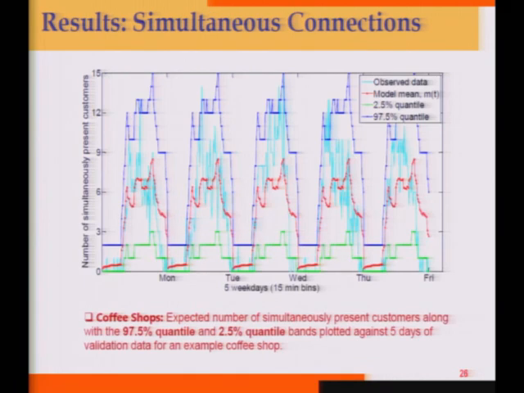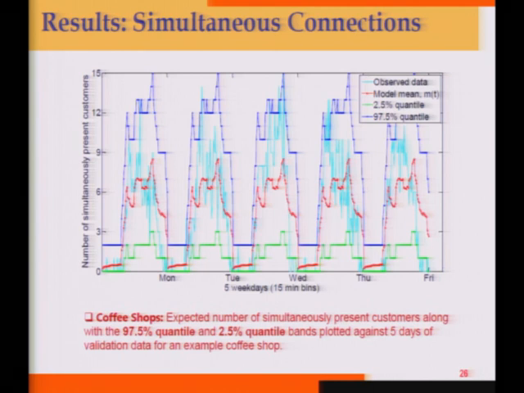So after doing all this modeling, what do we get? Here's a plot of the simultaneous number of connections plotted against the actual data, not averaged. As before, the sine curve shows the actual number of customers at any given point, and these are again 15-minute bins across the time axis.